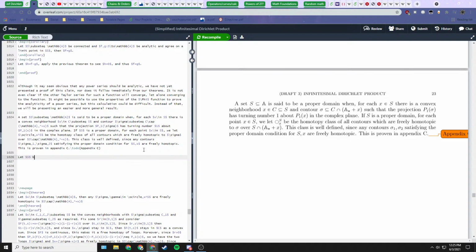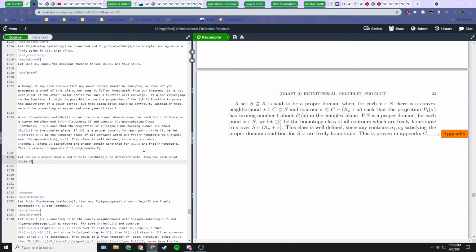So we can say let S be a proper domain, and f mapping S to A be differentiable. Then for each point x in S. Actually, let's do it this way.